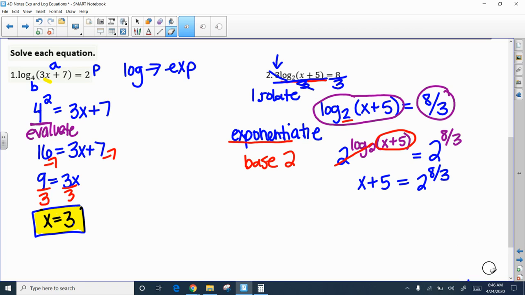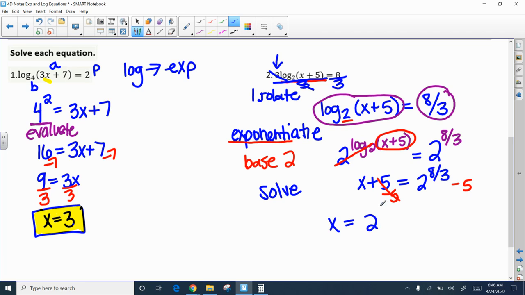Now to get the x by itself, so step 3 is to solve for x. So to get the x by itself, we would subtract the 5 from both sides. So then we would have x equals 2 to the 8/3 power minus 5.